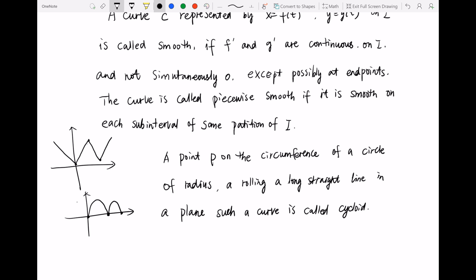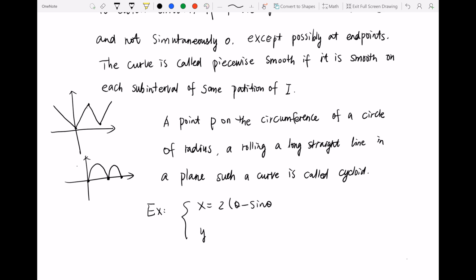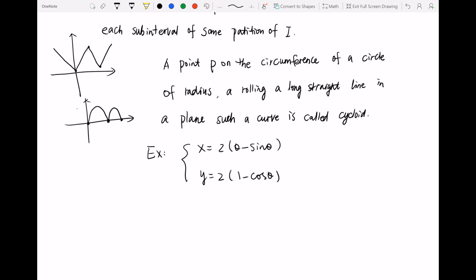For example, if I give you x equals 2 times (theta minus sine theta), and y equals 2 times (1 minus cosine theta). Okay, this parametric equation is a cycloid.